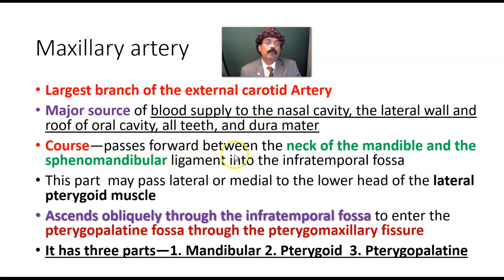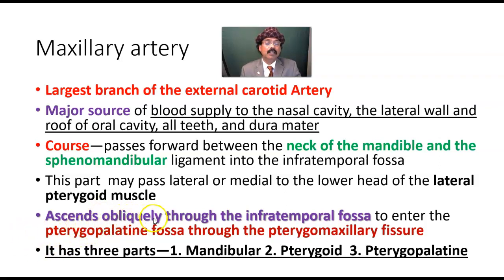It passes forward between the neck of the mandible and the sphenomandibular ligament into the infratemporal fossa. This part may pass lateral or medial to the lower head of the lateral pterygoid muscle. That means it may be superficial in most cases, but it may be deep to the lower head of the lateral pterygoid muscle.